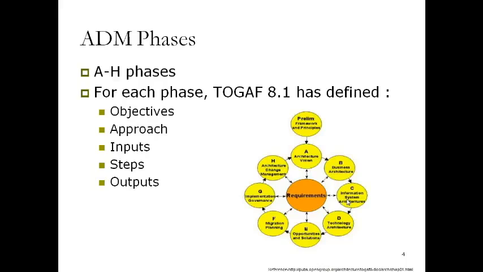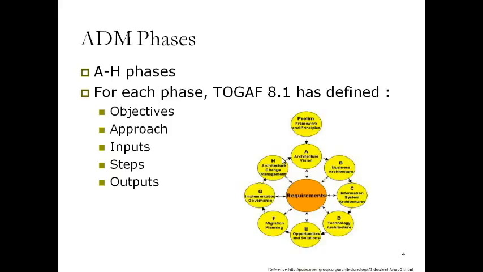For each phase, we have to define the objectives, what the goals are and what we are going to achieve, the approach, how we are going to achieve this goal, inputs, steps and outputs. Of course, inputs are what ingredients we are adding to this approach, to this development, and steps are the process required to achieve these objectives.